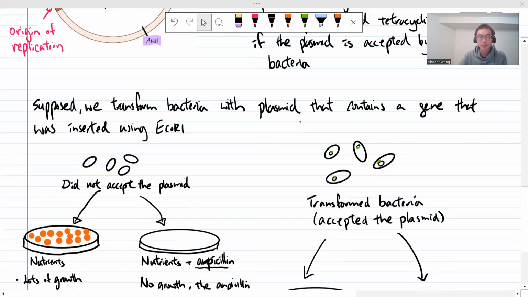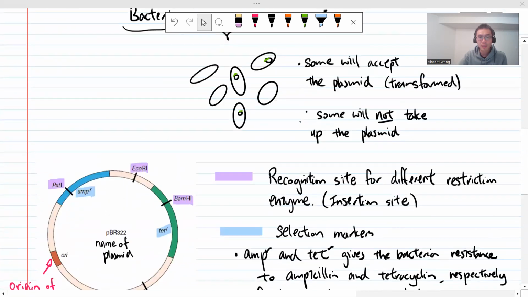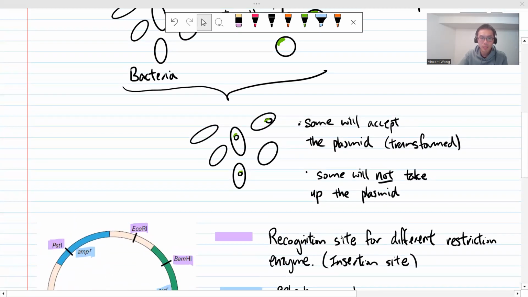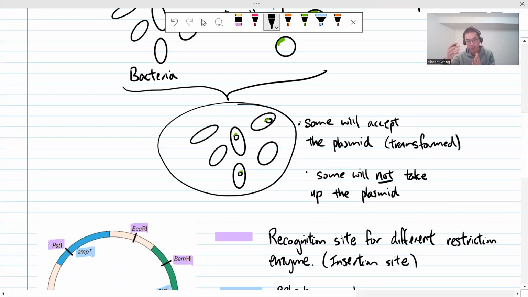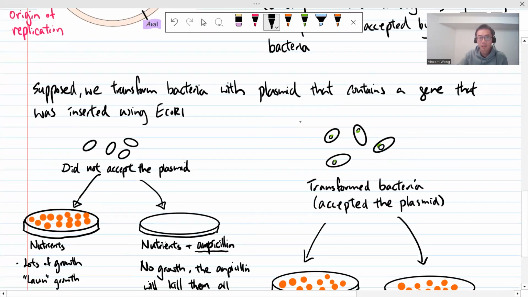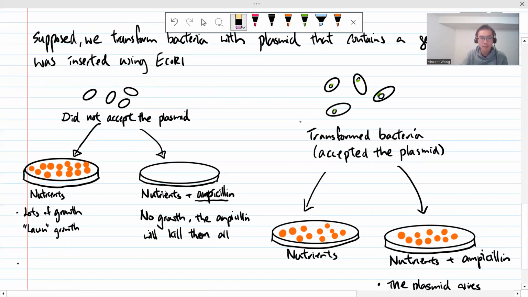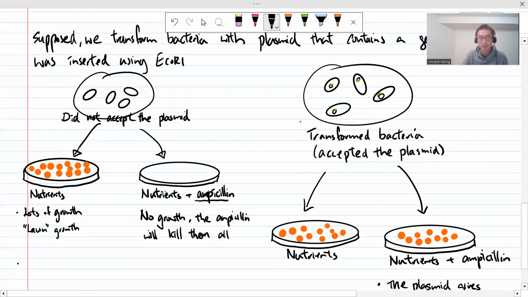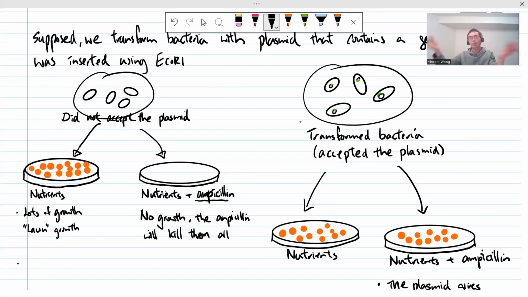So let's go back here. Remember this tube? We're gonna have the bacteria, we're gonna feed them the plasmid, but within the tube, you're gonna have a mixed population of these and these, right? They're gonna be together. If they're separate, then I don't need to select for them, right?